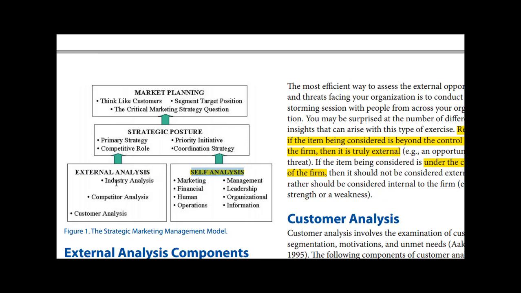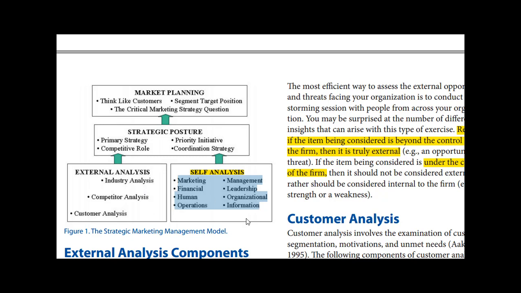When we talk about external analysis, we talk about three things: industry analysis, competitor analysis, and customer analysis. We will talk about these three things in today's lecture, and we will concentrate on the internal analysis and the rest of the process in an upcoming lecture.